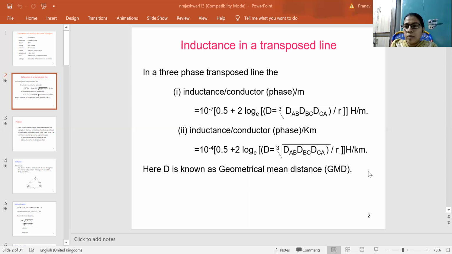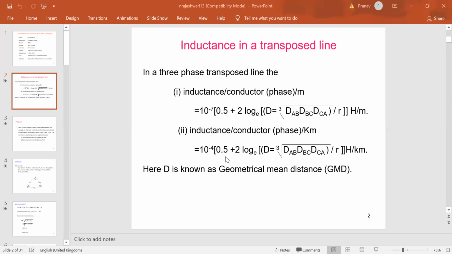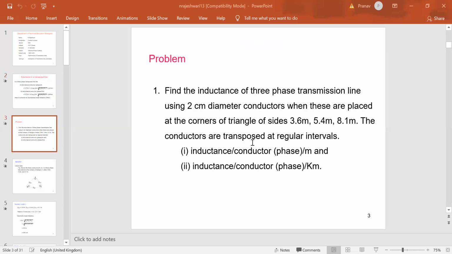So we'll see the problems regarding these transposed lines. Let us see one of the problems. To find the inductance of the three-phase transmission line using 2 centimeter diameter conductors, when these are placed at the corners of a triangle of sides 3.6 meters, 5.4 meters, and 8.1 meters.